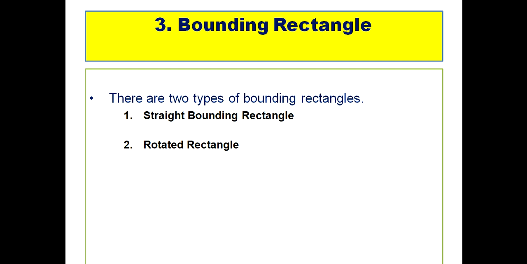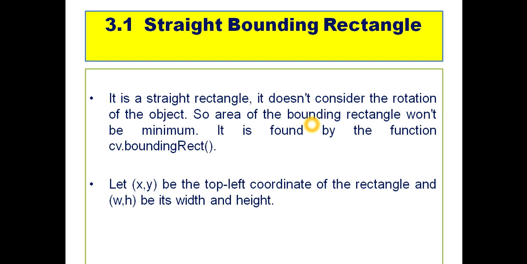The first one is the straight bounding rectangle. The second one is the rotated rectangle. About the second one, I'll explain it in the next lecture through practicals. Today I am focusing on the first one, that is the straight bounding rectangle. Do remember, this is a straight rectangle.